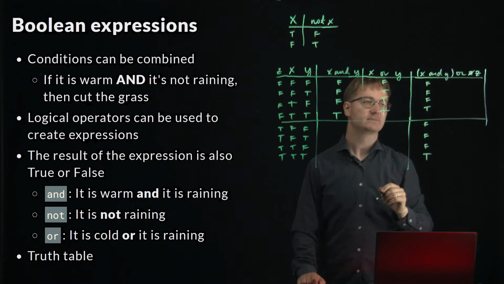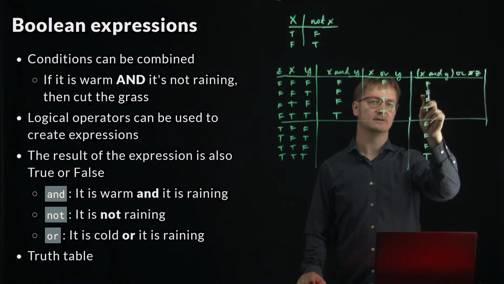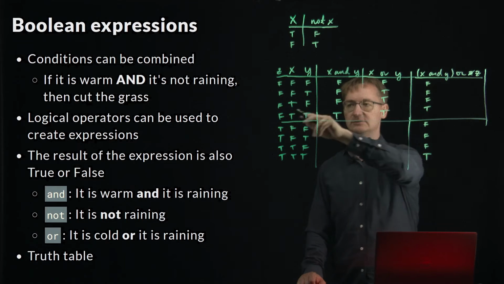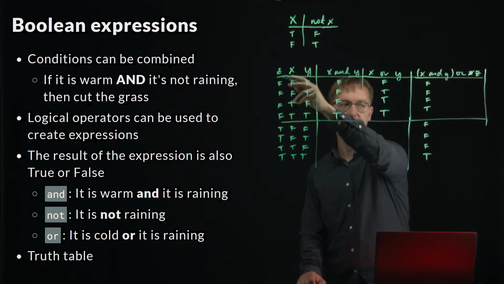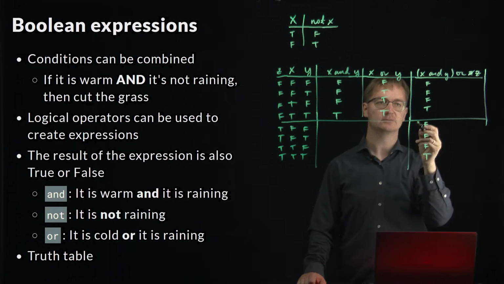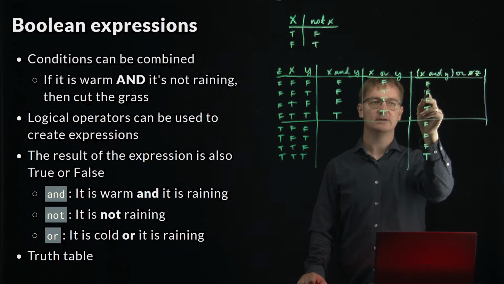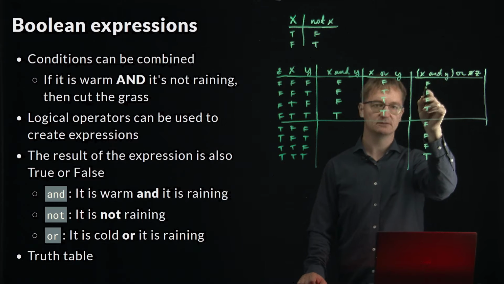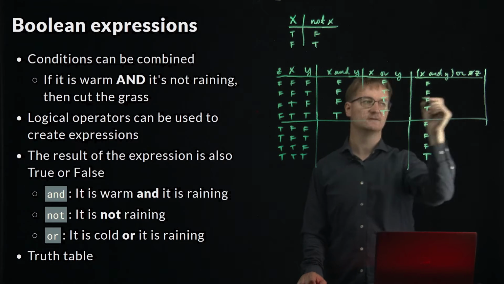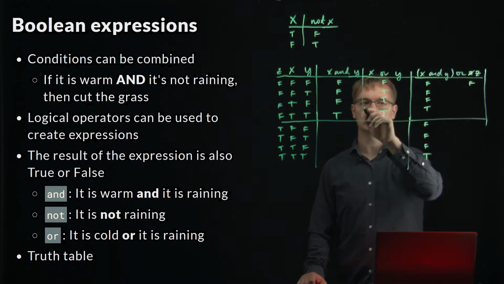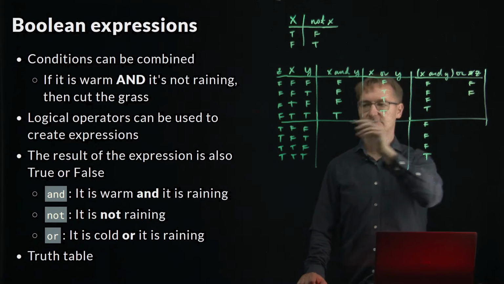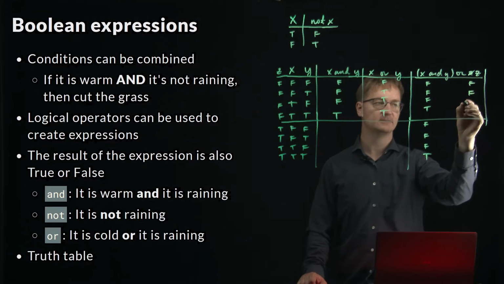Okay, and now we have to calculate false or z. So because the z value is false everywhere here, we can do it line by line. We take this result, which is false, and false or false is false. So here we also have false, and we have false here, and also false here and false here.